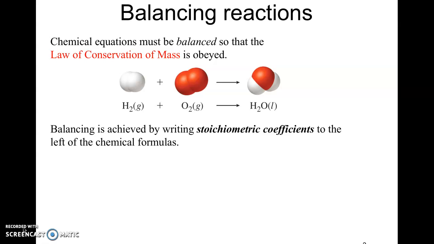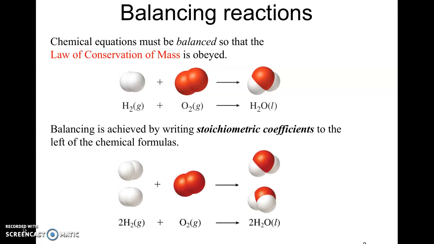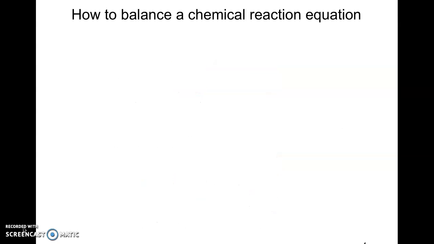And so what we can do is put stoichiometric coefficients, or numbers, to the left of the chemical formulas to tell us how many of those molecules have to react together. In this case, we would say there are two diatomic hydrogens reacting with one diatomic oxygen, and that would produce two water molecules that are in the liquid state.